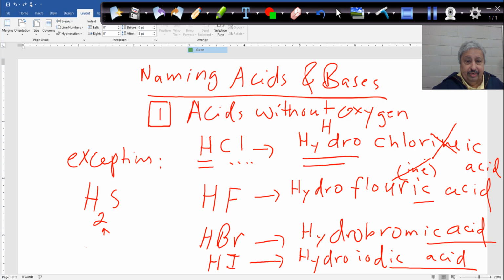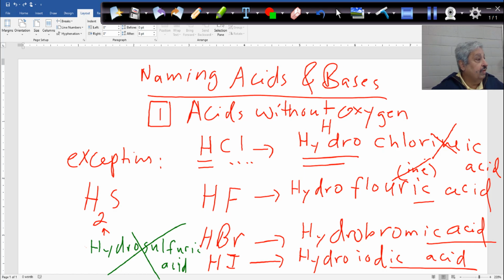Let me show you here, guys. This name is wrong. This name is not correct. We can use it, but that's not right, because sulfuric acid is a different acid than this.